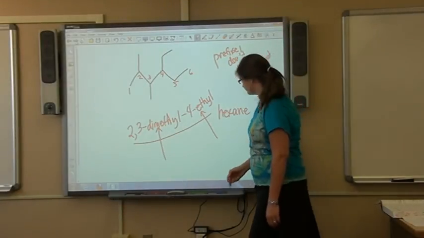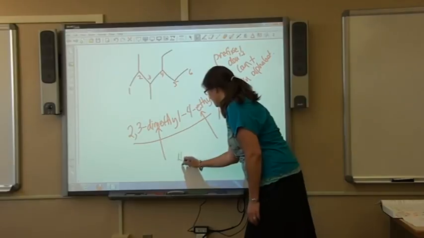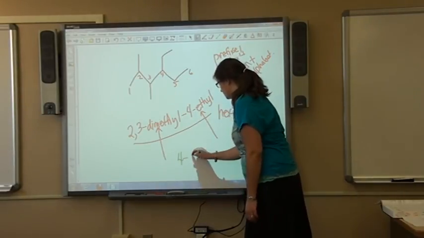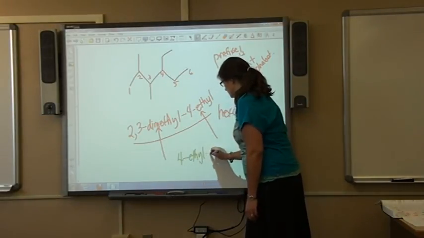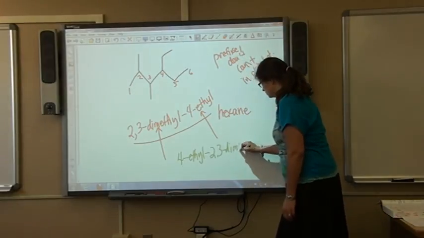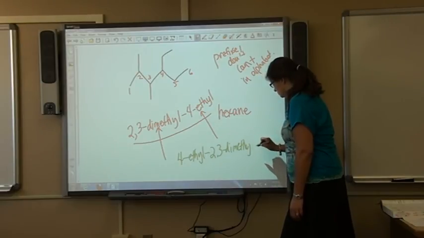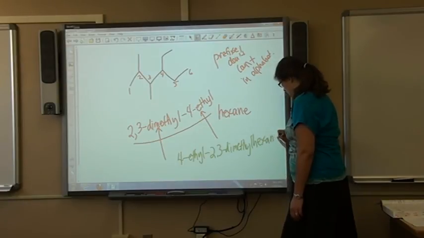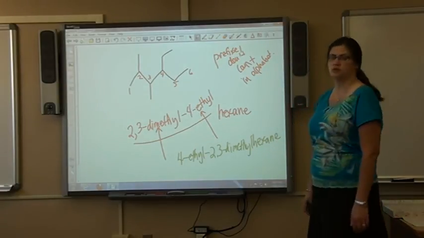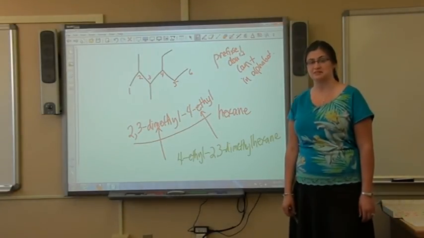The E. Okay, so we have to rearrange this a little bit. So our correct whole name of this compound is 4-ethyl, 2,3-dimethyl hexane. That's a mouthful. That's pretty fun, right?